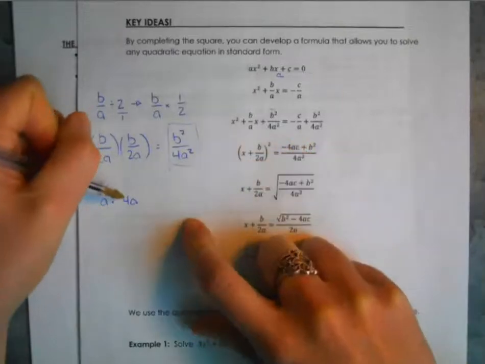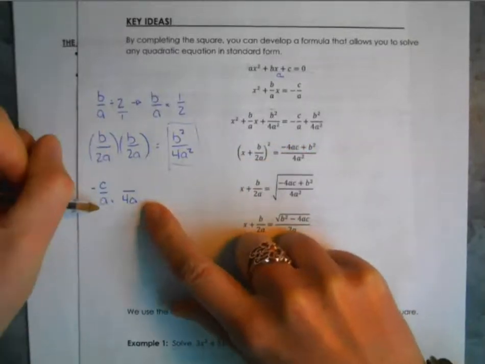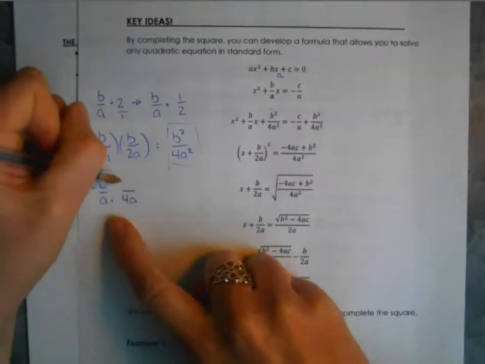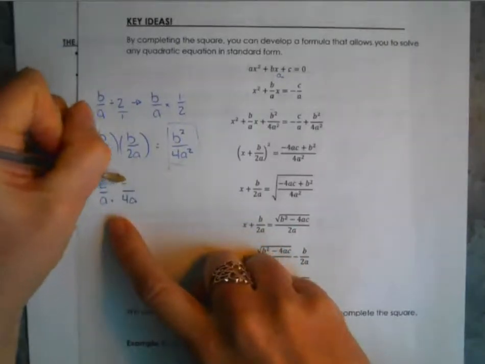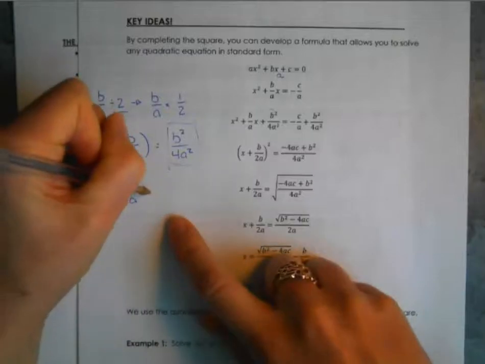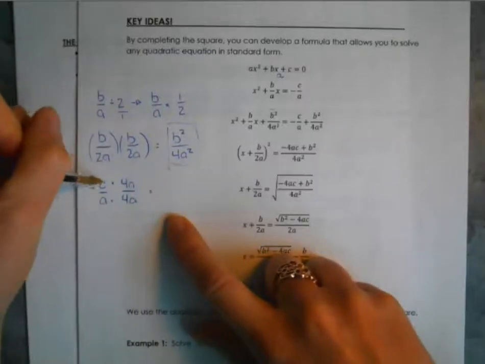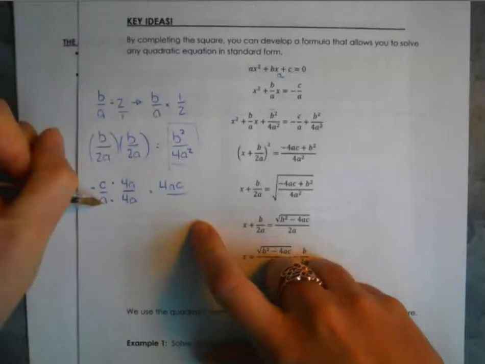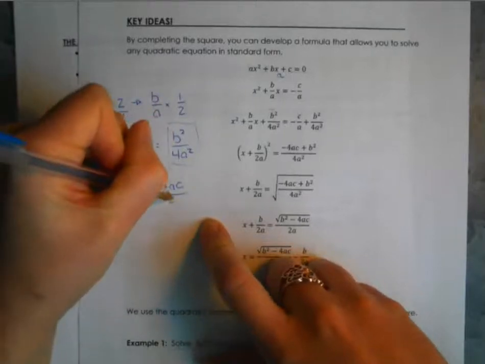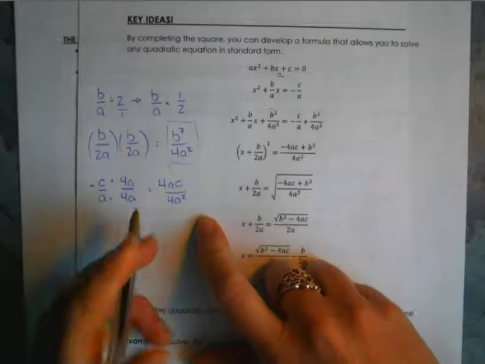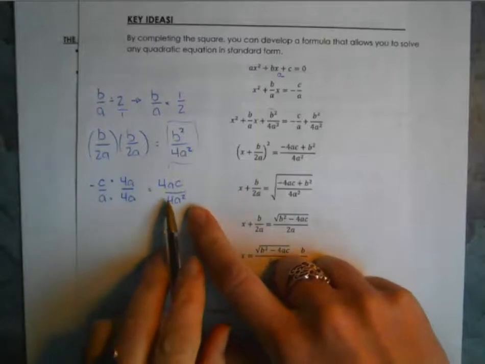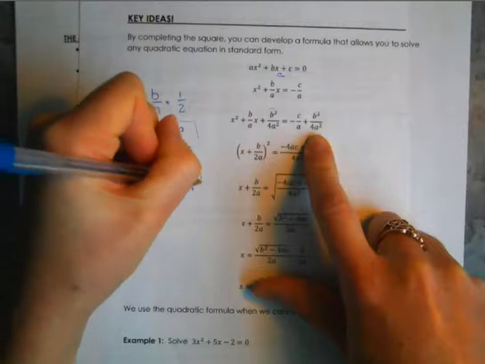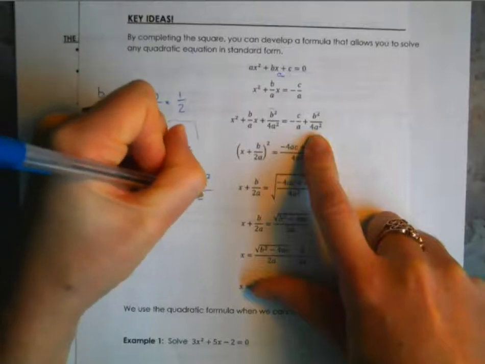Okay, so then the other thing is, if we're multiplying the bottom to make the denominator the same, we need to do the same thing to the top. So also times by 4a. Okay, and that's going to give us c times 4a gives us 4ac. And a times 4a gives us 4a squared. Okay, now that we have this value, we can add it to the other one, which was plus b squared over 4a squared.